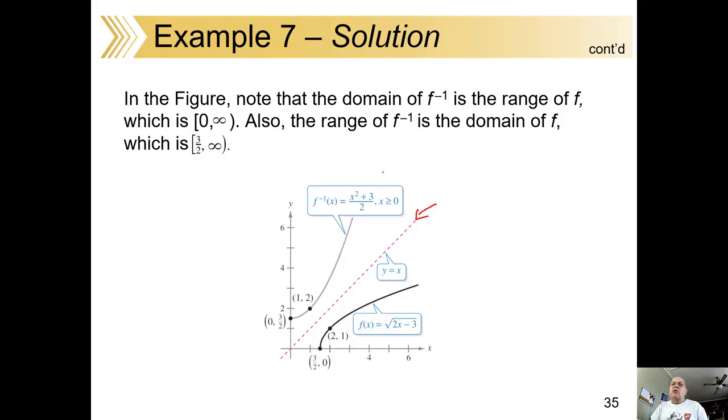If you look at one of these curves, let's take a look at this curve right here, and ignore the other curve for the time being. If you take that y equals x that I had the first arrow on, and you fold the paper or just flip the paper on that axis, you should get the inverse.